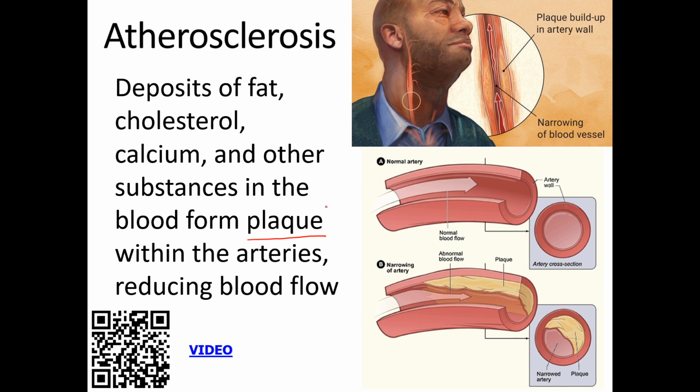Plaque inside of our arteries is fat, cholesterol, hardened with calcium and some other substances that can reduce blood flow. And if that blood flow gets narrow, it can lead to reduced oxygen and nutrients, leading to potentially fatal effects. We'll watch a short video that's going to talk more about this process.